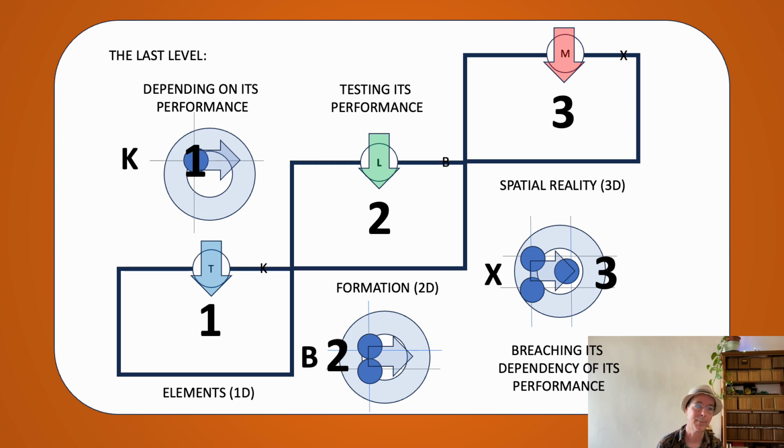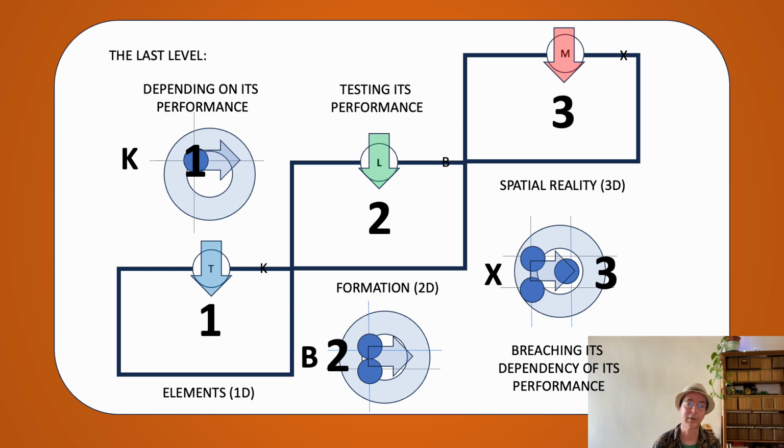Also, in the next phase of 2, you have this testing performance. The testing performance at the end of the second level of the formation process is the letter B. It also tries to continue, but it's also testing its performance if it can work in full reality or not.